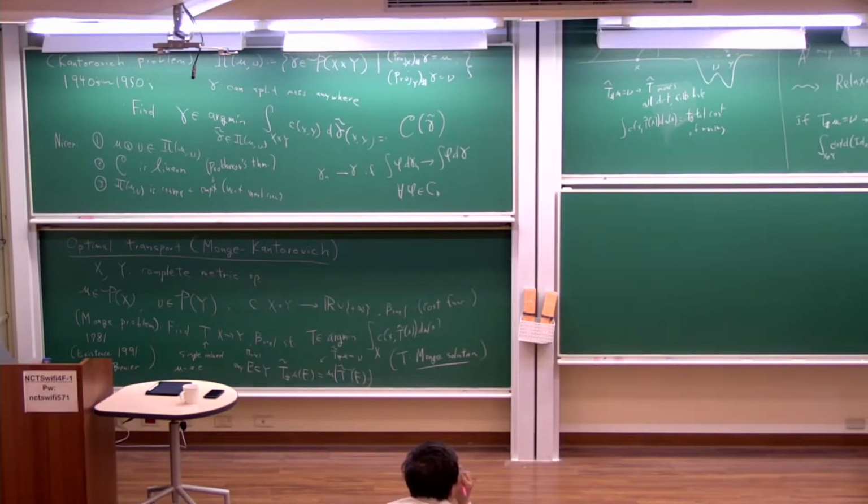So it's just a matter of untangling definitions, but this becomes the original functional that you are trying to minimize in the Monge case. So it's appropriate to call this Kantorovich problem a relaxation of the Monge problem.